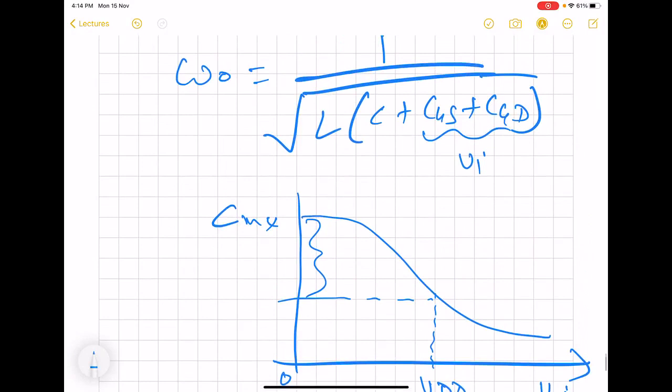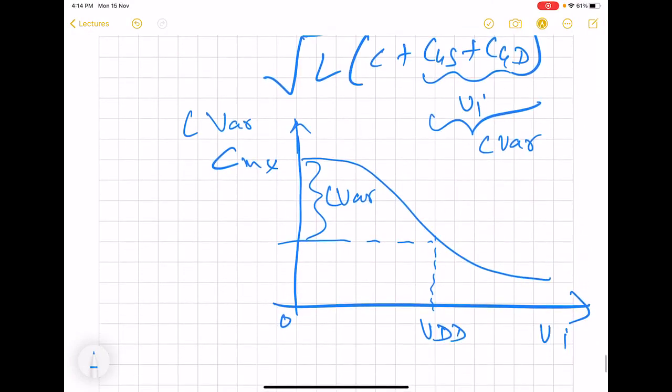So here we can say that this is C variable. Of course, this is not going to be very linear as was desired, but still we will be able to change the oscillation frequency.